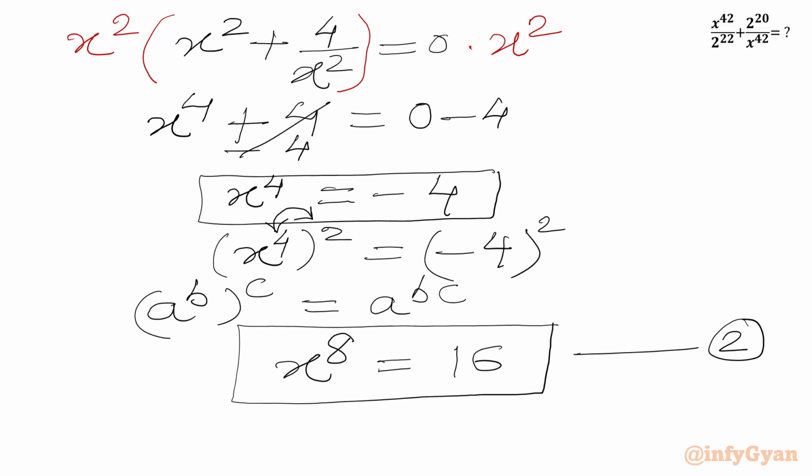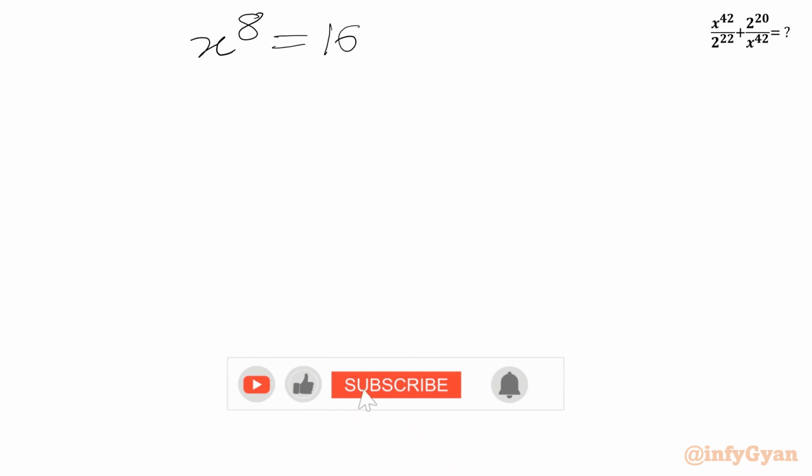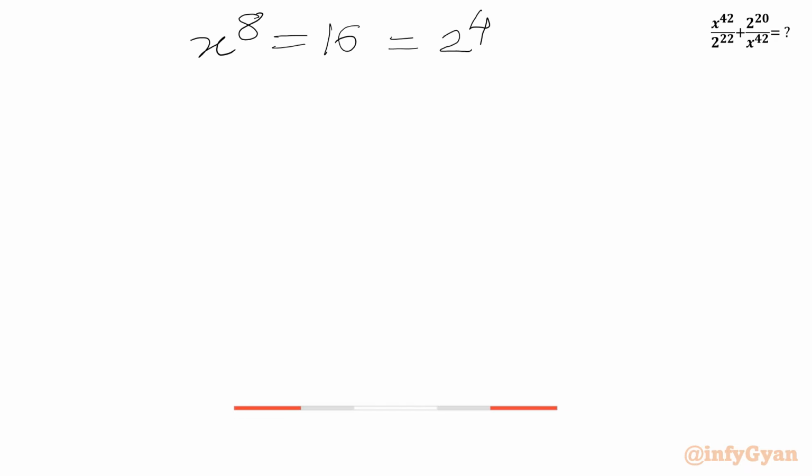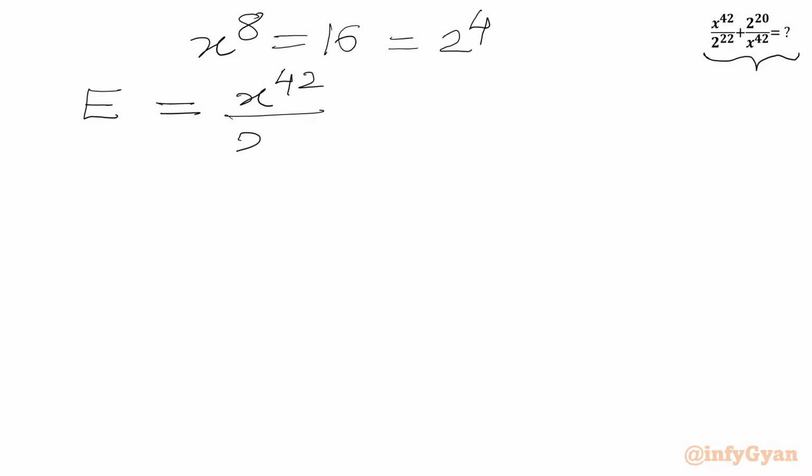Now we will write our target expression. Let me write x power 8 equals 16, and 16 is 2 power 4 also. Now we will write required expression E. Here it is x power 42 over 2 power 22 plus 2 power 20 over x power 42.